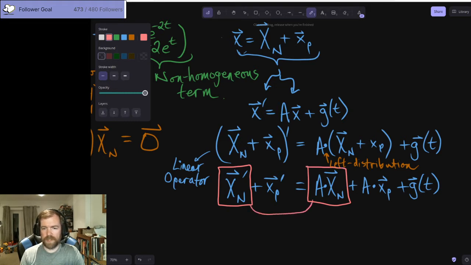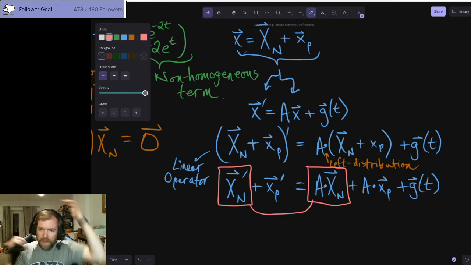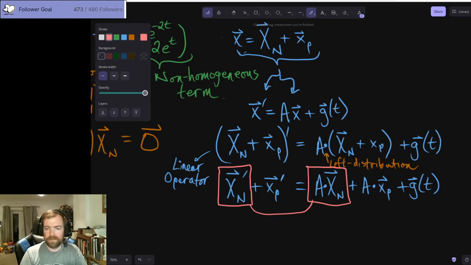In this particular case, it's not quite the same as saying either one of them is going to be 0, but the fact that these things link together, and so will the other part. The key here is that x_p prime will match up with the other two terms.